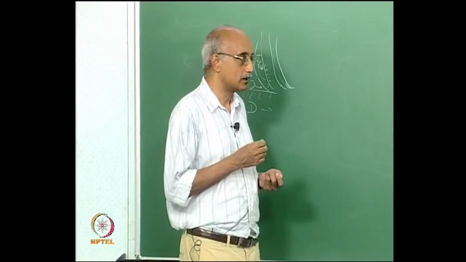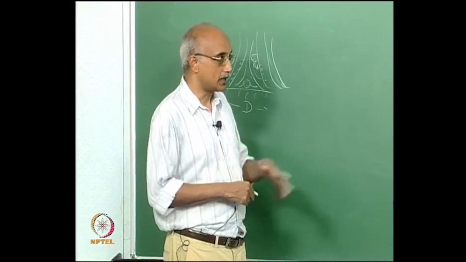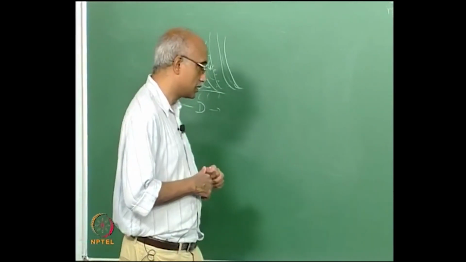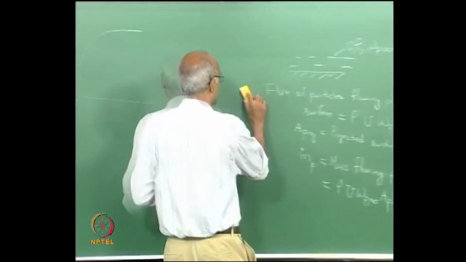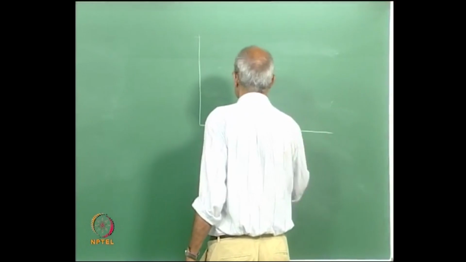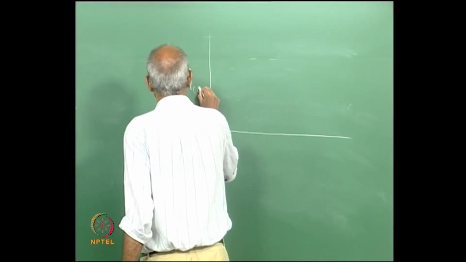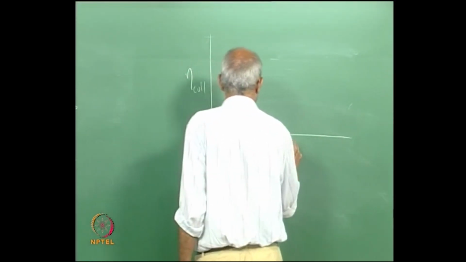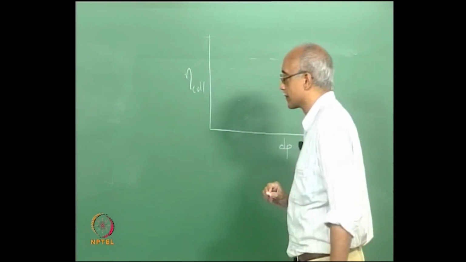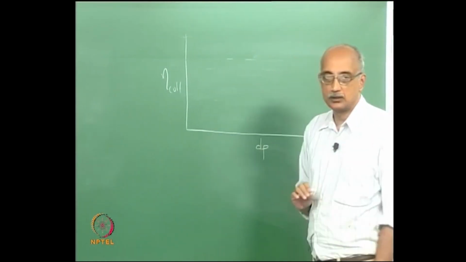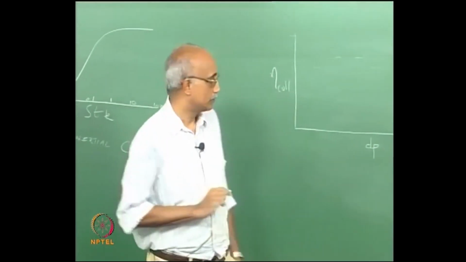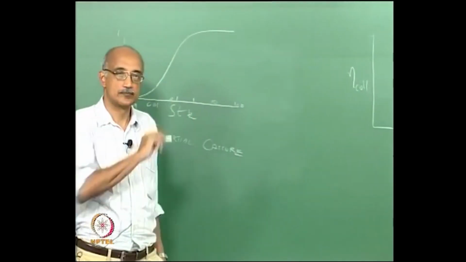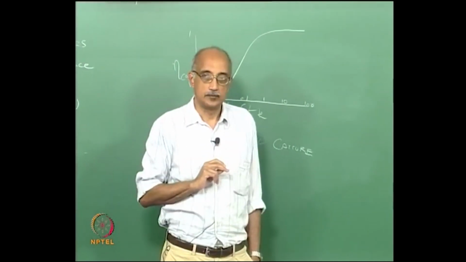If you look at overall collection efficiency, not your inertial capture efficiency, but supposing I were to plot eta collection versus dp, where I am including all possible mechanisms of particle collection, then will I see a trend that looks like this? Not really.